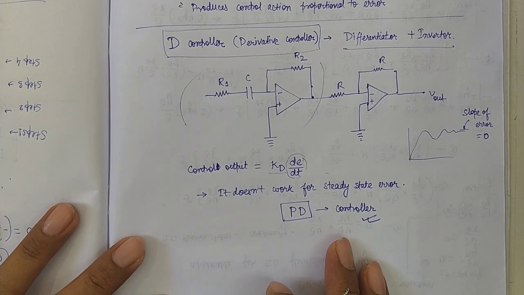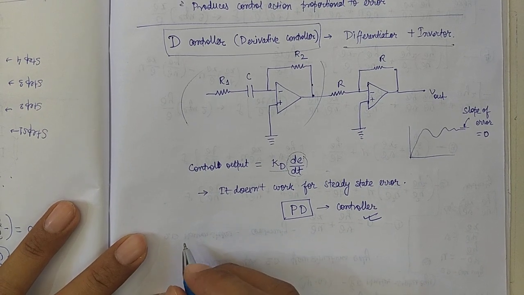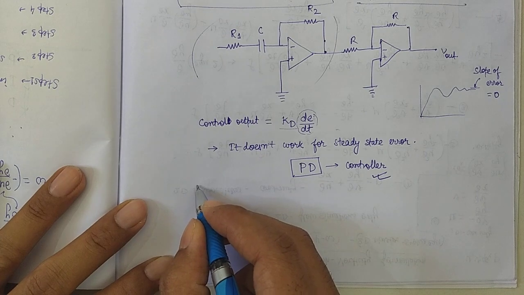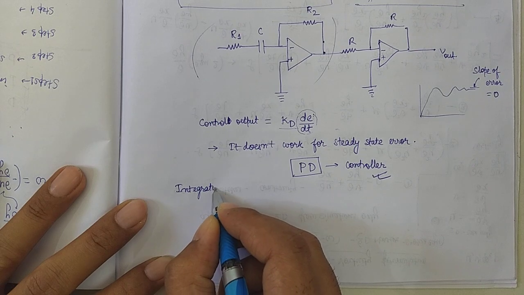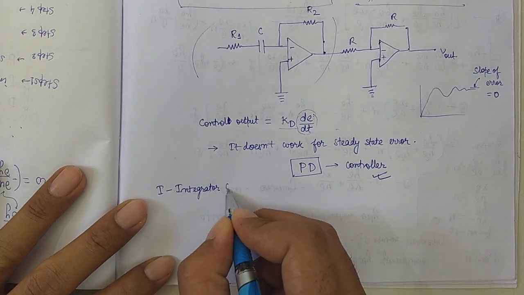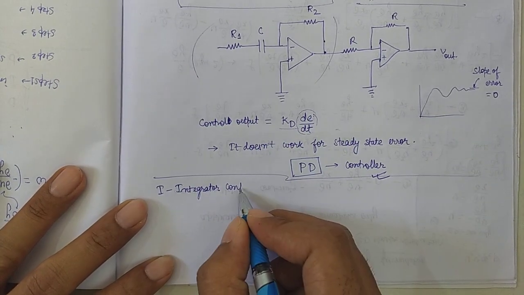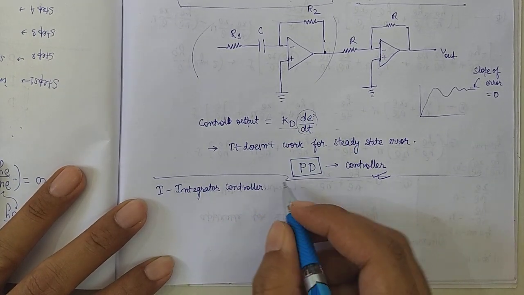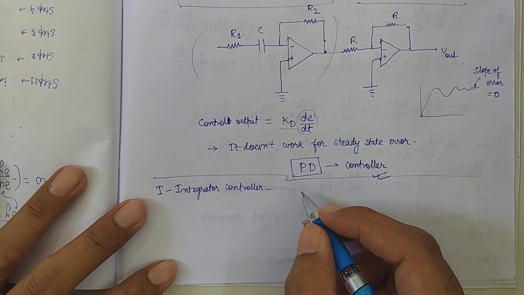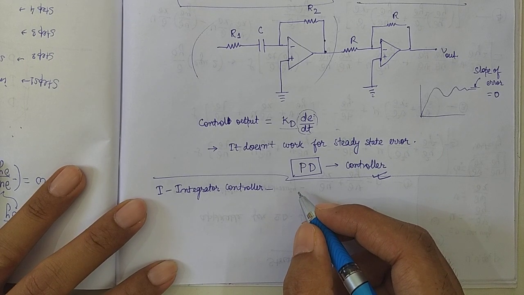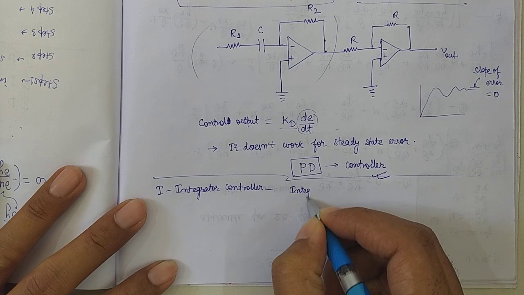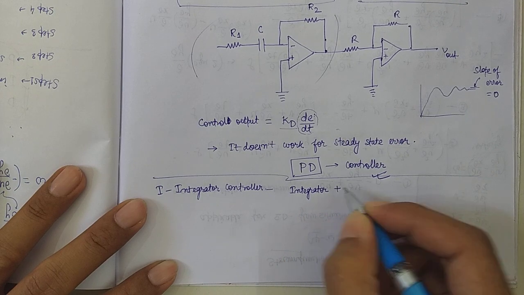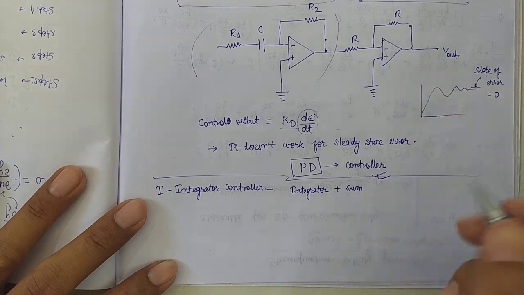And the last block we'll talk about is the integrator, or I controller. And this is a combination of an integrator along with a summing amplifier, not the inverter.